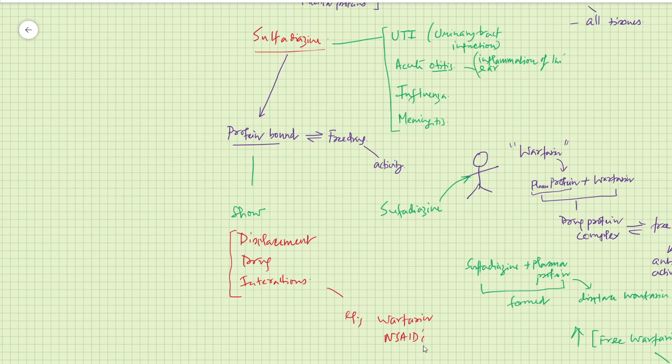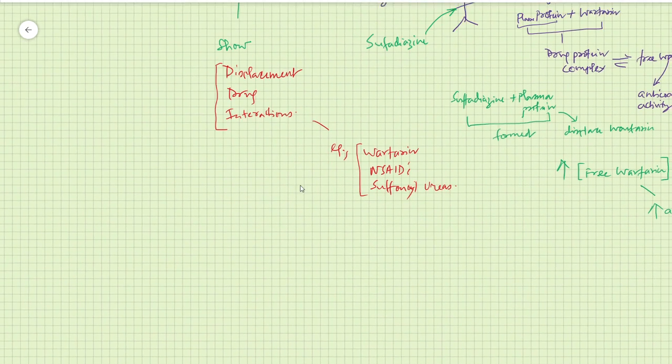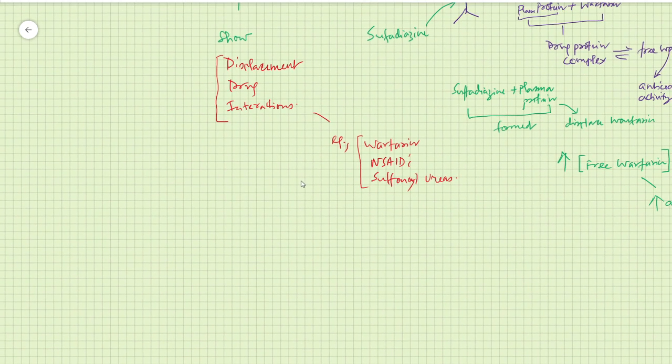Okay, what are NSAIDs? Non-steroidal anti-inflammatory drugs, or sulfonylureas, okay, which are anti-diabetic drugs. So if sulfonylurea is displaced, like warfarin is displaced, then the patient's blood sugar will go down, sometimes precipitously, and it wouldn't be very pleasant for the patient.